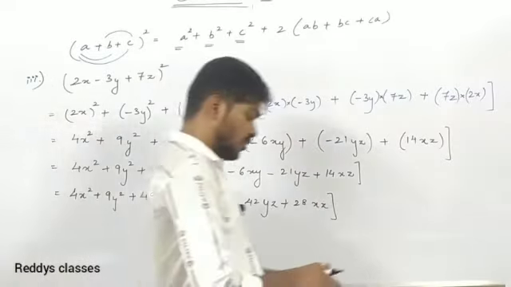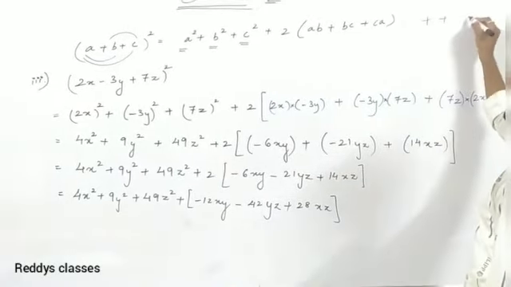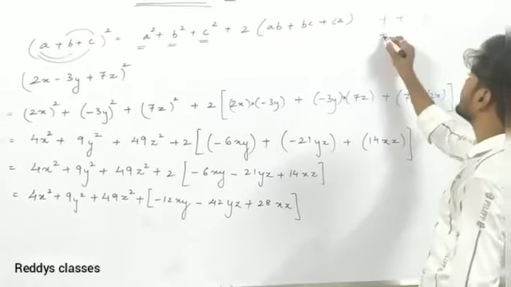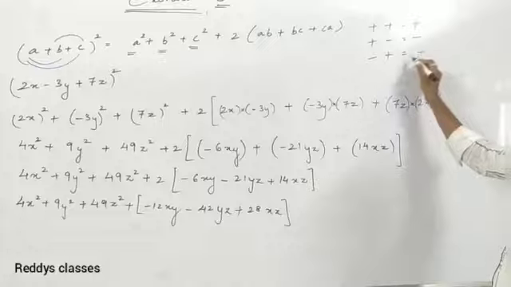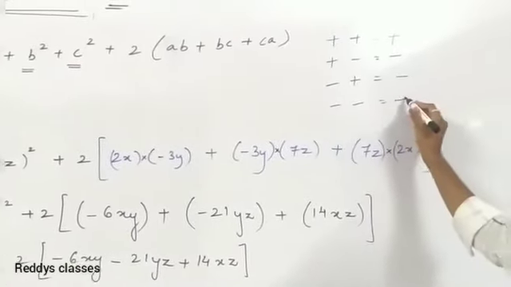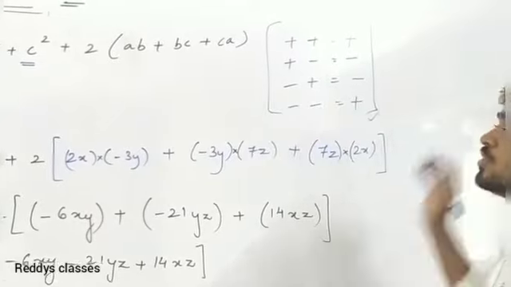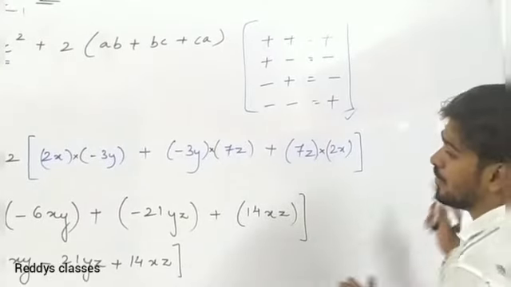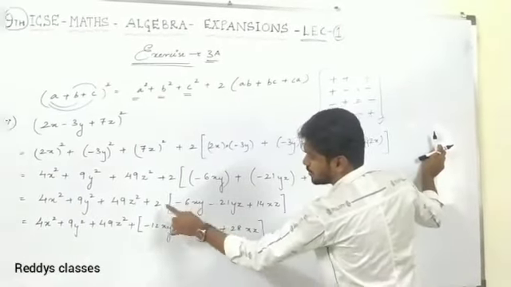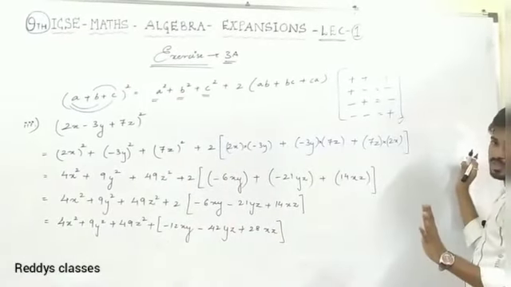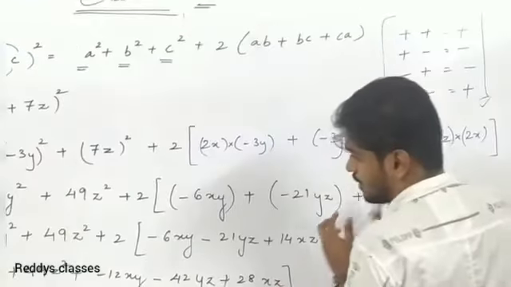Okay, before we go forward, see this: plus into plus is plus, minus into minus is plus, plus into minus is minus, and minus into plus is minus. Go through these terms properly. See how we take it as plus minus minus, therefore 6 times 2 is 12, and so on. Okay, you can remove this bracket, everything directly. So what will happen?